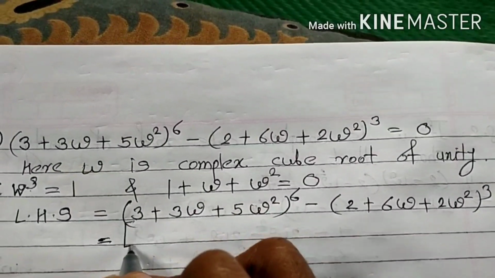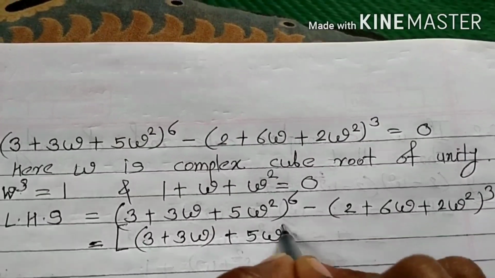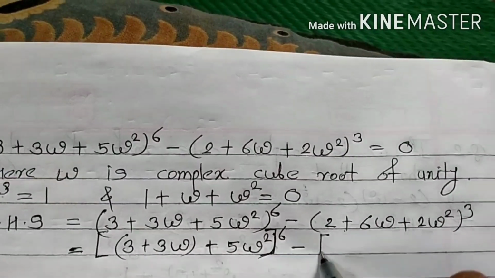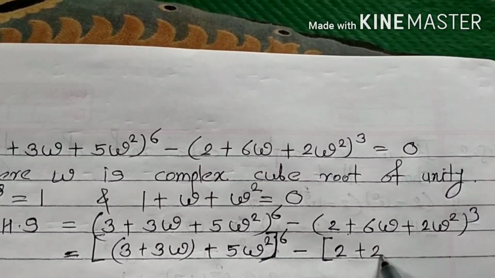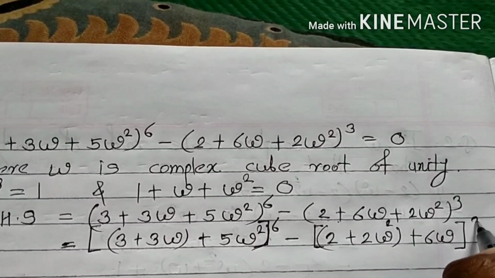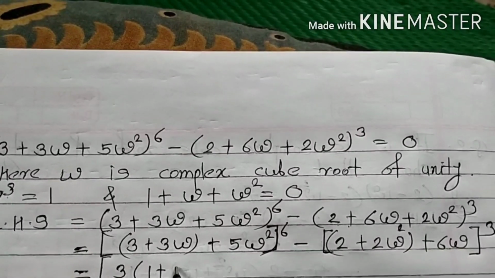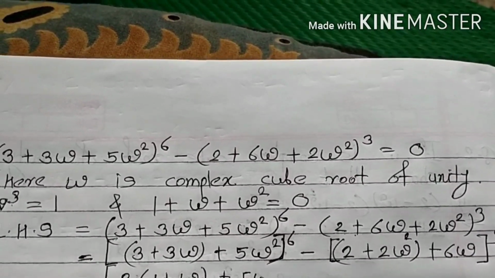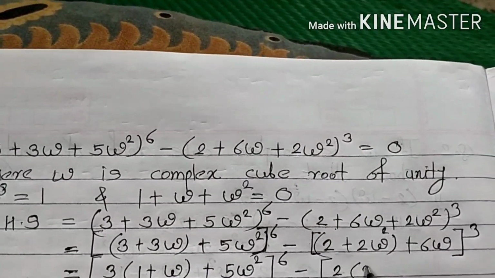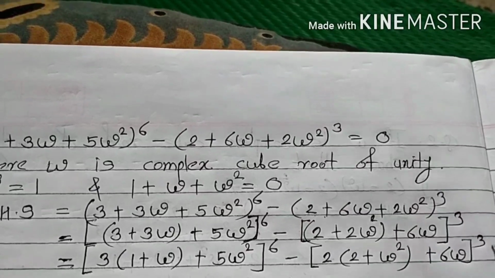Now take 3 plus 3 omega in one bracket plus 5 omega square raised to 6 minus, take 2 plus 2 omega square in one bracket plus 6 omega raised to cube. Now take 3 common, so it is (3 times (1 plus omega) plus 5 omega square) raised to 6 minus, take 2 common, so it is (2 times (1 plus omega square) plus 6 omega) raised to cube.